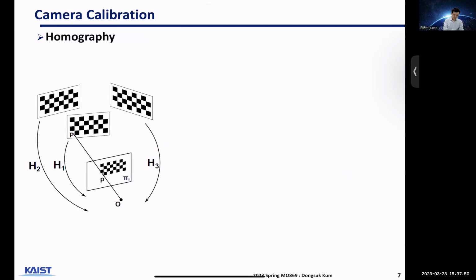And let's start to talk about calibration. To introduce you to calibration, we need to introduce you to homography.